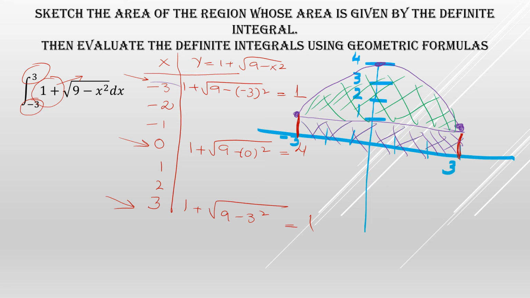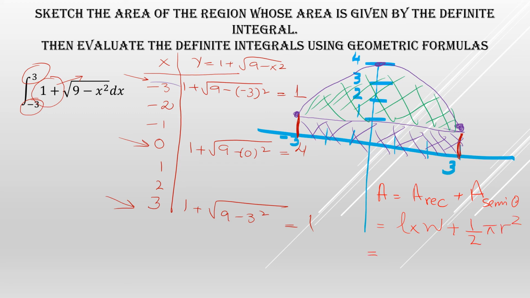So you have the areas. In order to find the area of this figure, you have two figures. That means area of the rectangle plus area of the semicircle. Formula for the rectangle is L times W, plus semicircle is half pi r square.